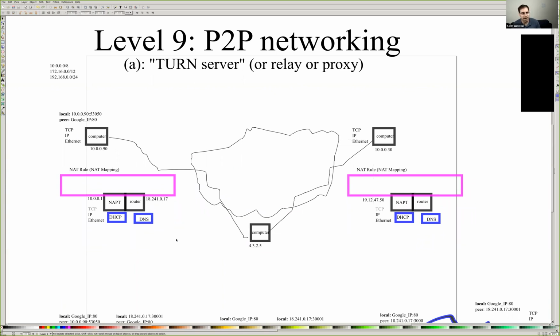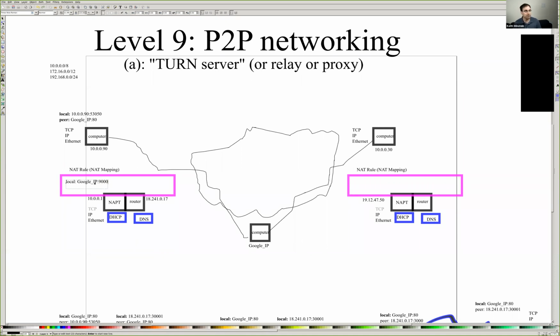So let's talk about what the NAT mappings look like. What is this NAT mapping going to be when we open the connection to the computer? There's a local mapping where it's taking, well, should we just call this Google IP? Let's call it the Google IP. So there's a local mapping from Google IP port, let's just say 80 to, yeah, let's not call it port 80 because we're doing some special traversal thing here.